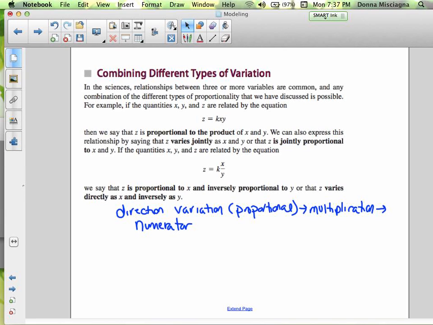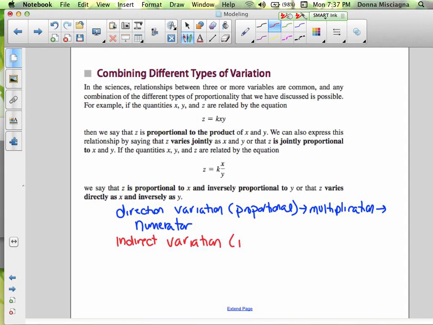If we have indirect variation, it's inversely proportional. It's division.